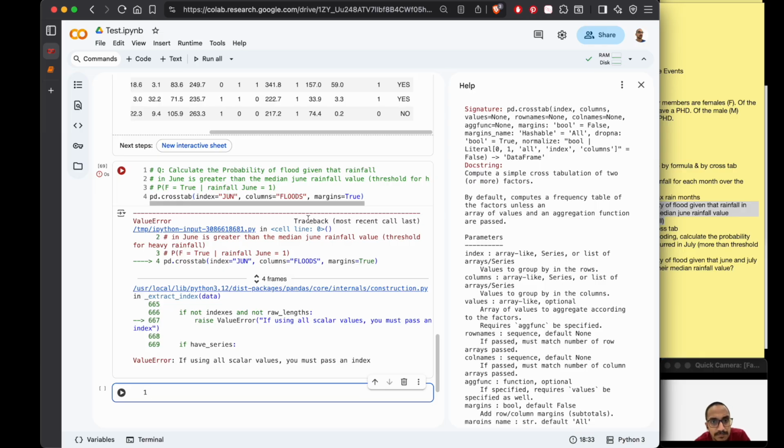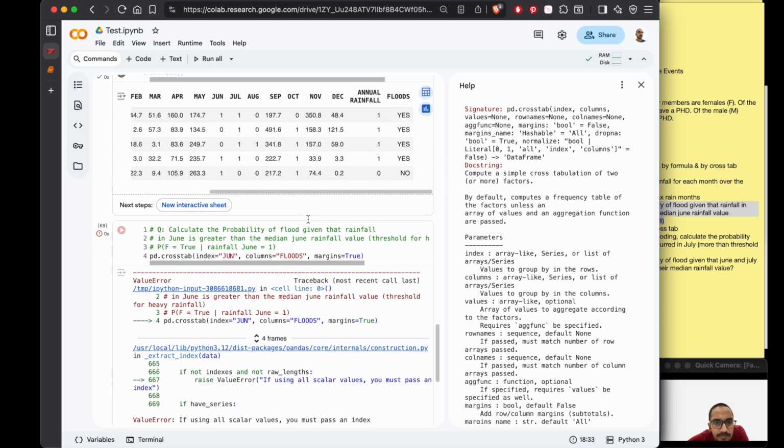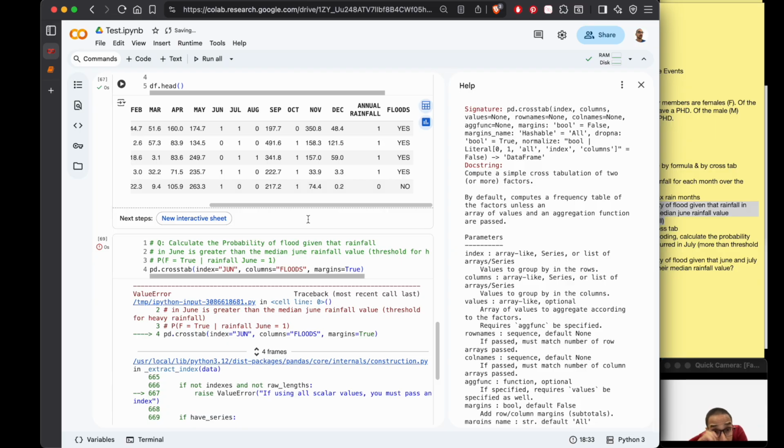It says, you must pass an index. I am passing an index. index, columns, pd.crosstab. What's the issue? If using all scalar values, you must pass an index. Value error.